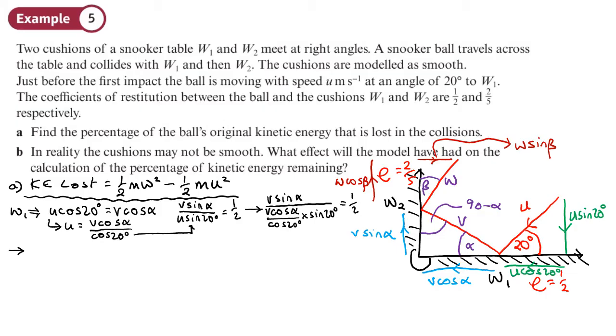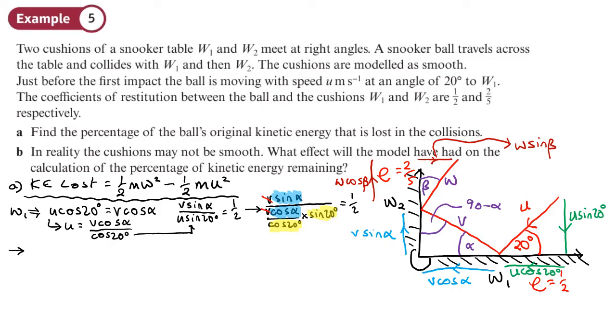So from there, the sine 20 over cos 20 will become tan 20, and the v's will cancel out, so let's cross those out, and then I'll also have sine alpha over cos alpha, so that will become tan alpha.